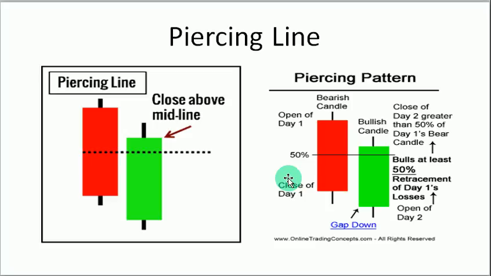There's actually a two candle formation as well. So if you have a candle that opens below the previous candle, it actually has a gap open, and then it retraces up and closes above the 50% of this line. This is a piercing pattern.